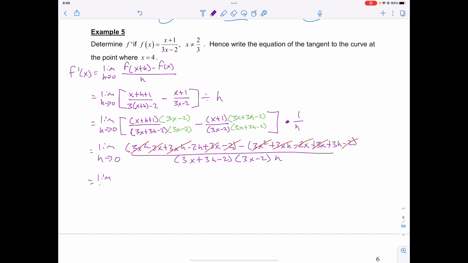So I have the limit as h approaches 0 of negative 5h over 3x plus 3h minus 2 and 3x minus 2 times h.